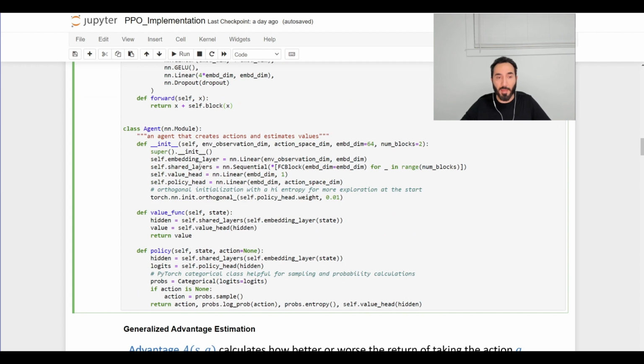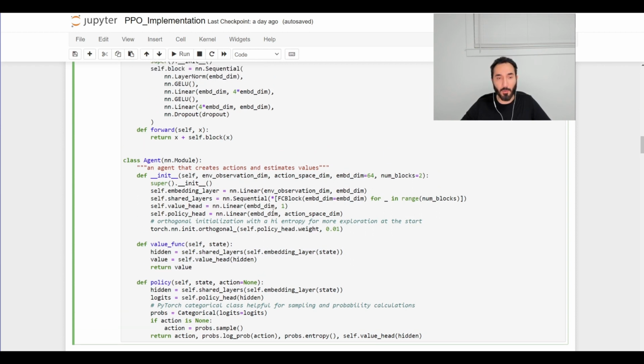Finally, we pass it to the value head for the value function, or we pass it to the policy to get the corresponding values out of it.